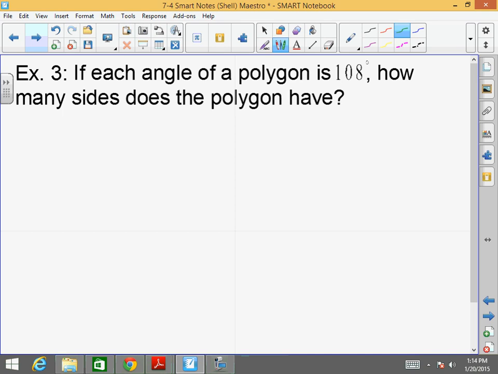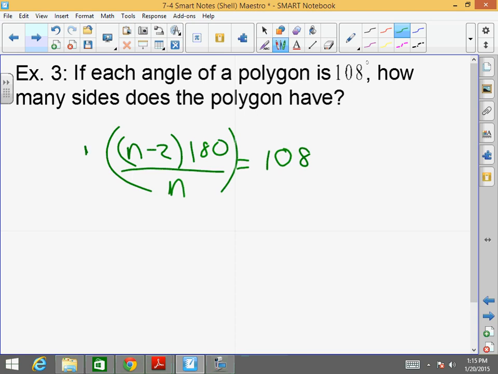Remember that n minus 2 times 180 over n gives you the individual angle measure. So I have 108 here. So I can multiply n to both sides. So I have 180n minus 360 equals 108n.